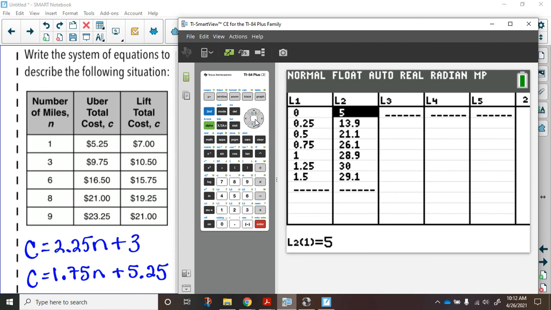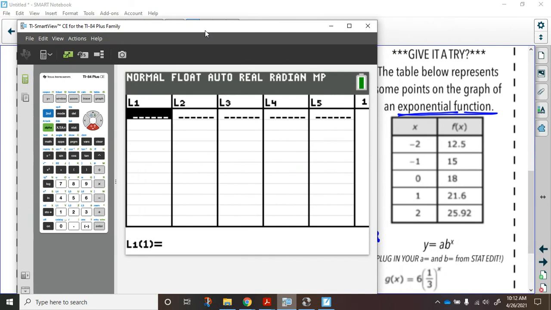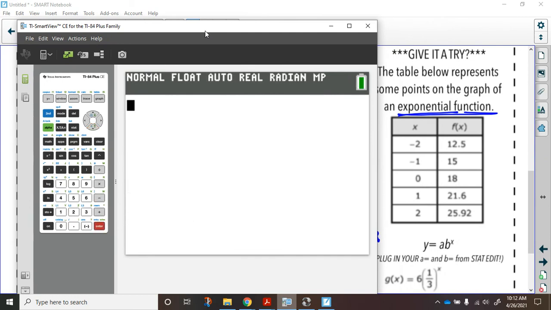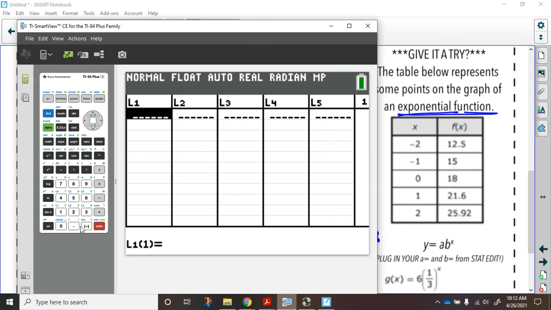I'm going to clear out all these values. So we have -2. Oops. Okay, when typing them in, you can't use the minus sign. But so -2, -1, 0, 1, 2.